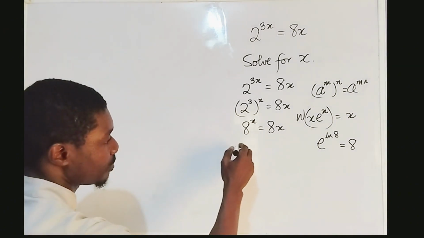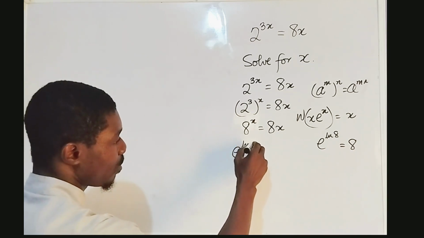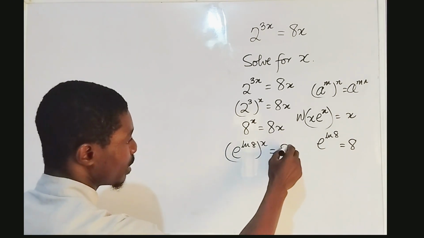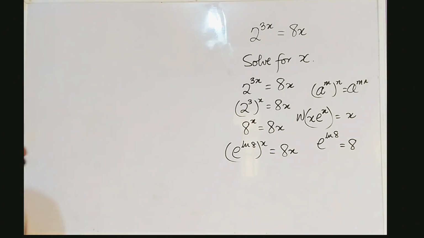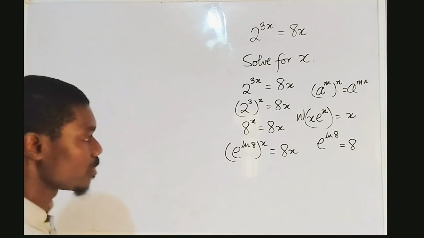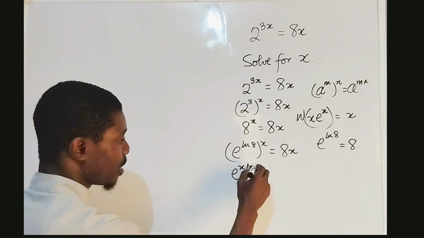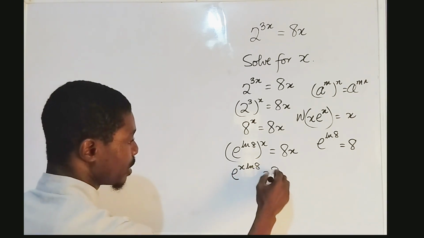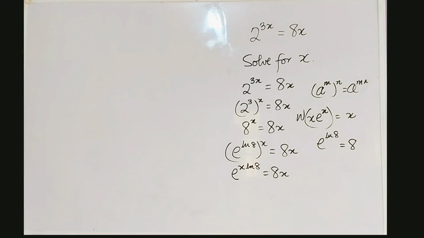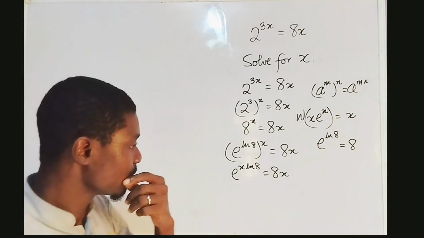So here we have e to the natural log of 8, all raised to the power of x, all equals 8x. Still applying this rule here, we get e raised to the power of x ln 8 equals 8x. Alright, now I guess you are beginning to have something similar to this.